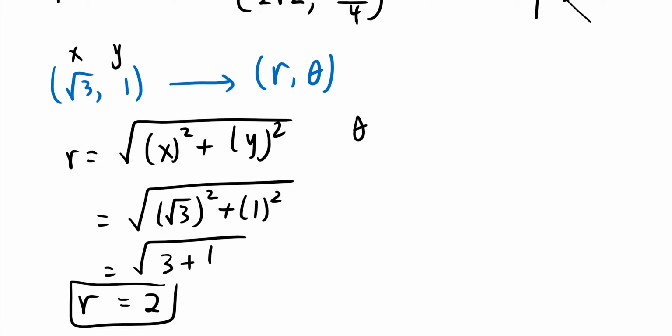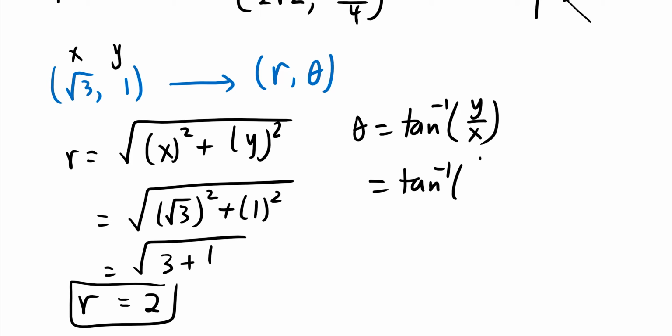Theta, at the same time now, theta is tangent inverse of y over x. Tan inverse, y is 1, x is √3. So now what is the angle? So if you plot that point, √3, maybe here, and 1. So that's the angle here.